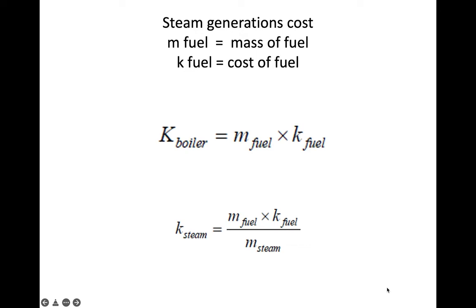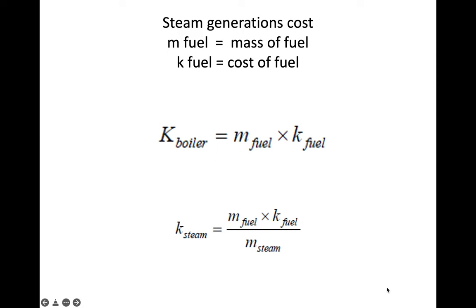So if we know the M fuel and K fuel, we can calculate the cost of the boiler, or K boiler, which means K boiler is M fuel multiplied by K fuel.